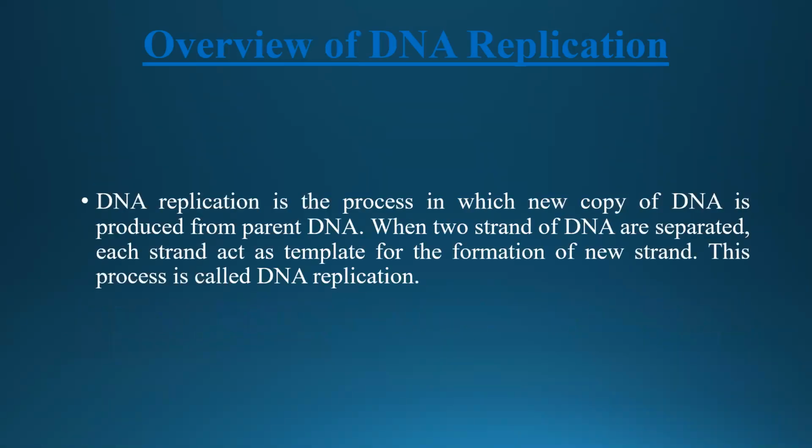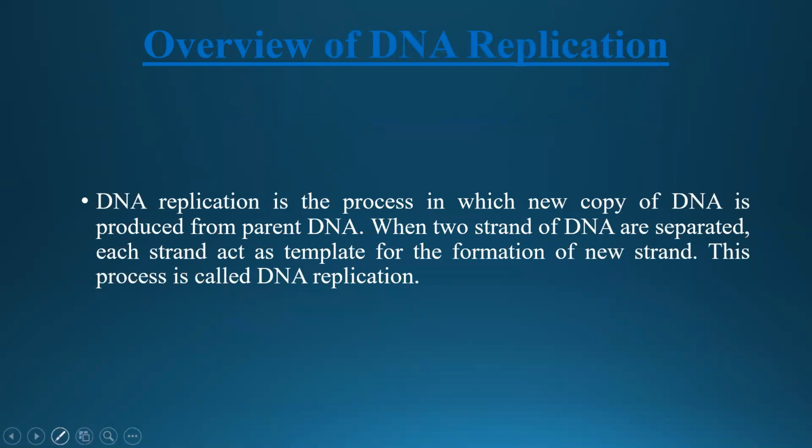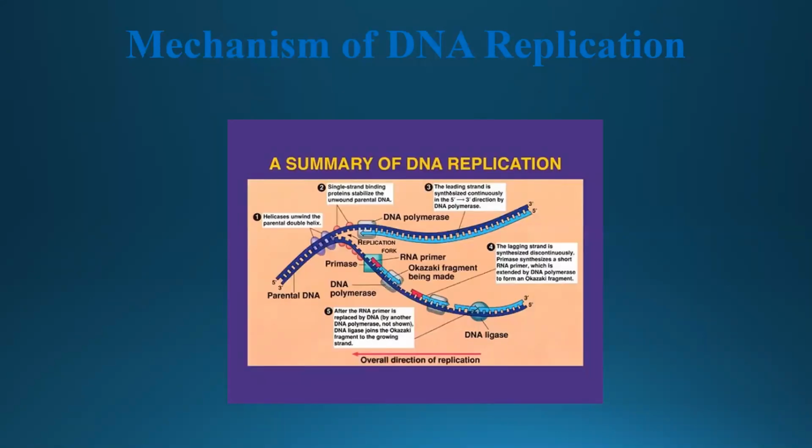So DNA replication is a process in which a new copy of DNA is produced from parent DNA. When two strands of DNA are separated, each strand is going to act as a template for the formation of a new strand, right? And this process is called replication. So let me just explain it once again with this diagram. If you can see, this is a double-stranded helix with 5' and 3' ends.